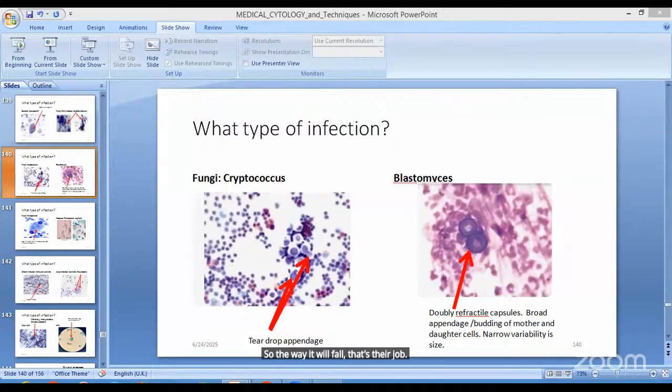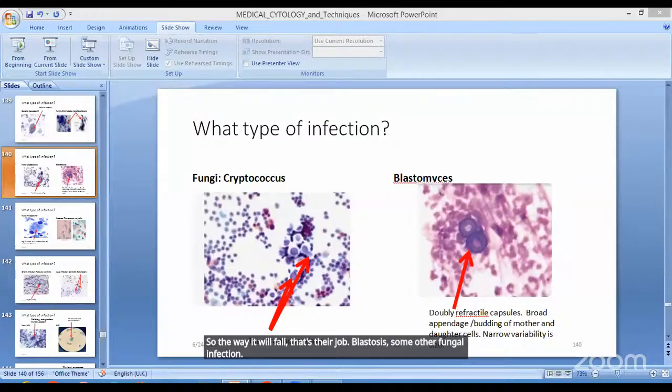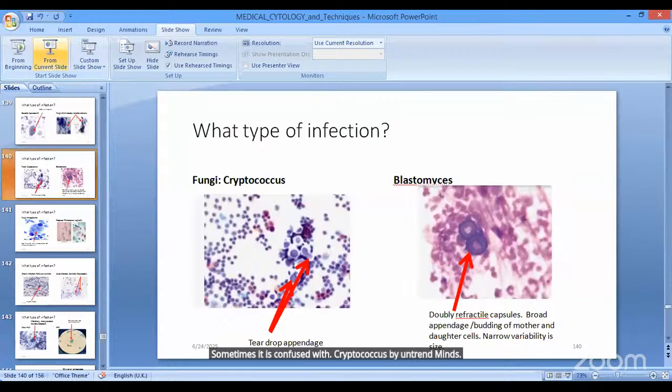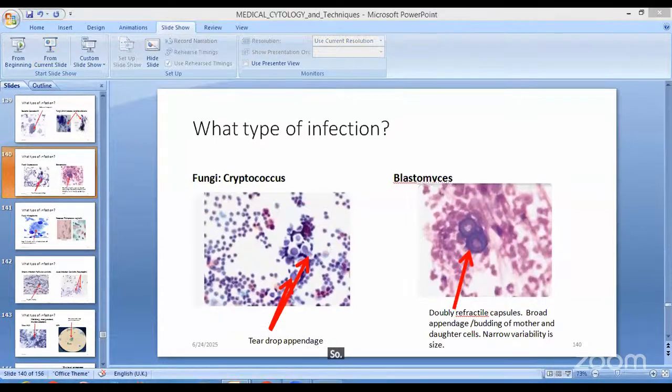Blastomyces is another fungal infection. Sometimes it is confused with Cryptococcus by untrained minds. But you can see the cells are double cells, doubly refractile with thick capsules, but the appendage is almost the same size as the mother cell.